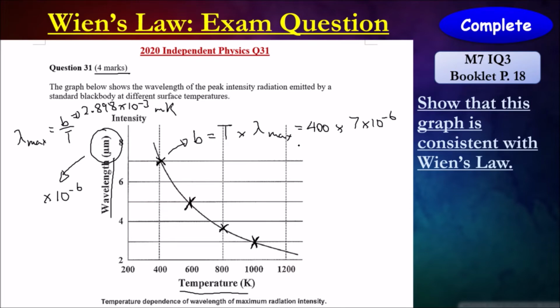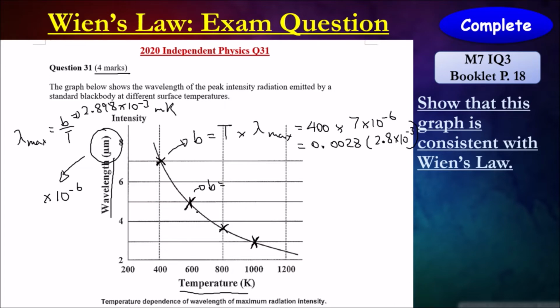So the value I get here is 0.0028, which is 2.8 times 10 to the power -3. So that's pretty close. Let's check this point here.